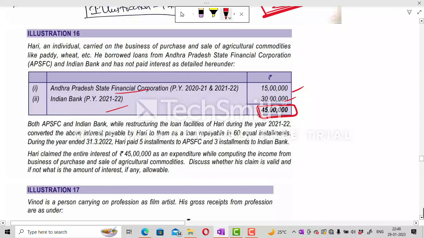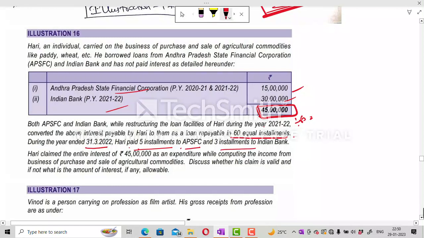Both APSFC and Indian Bank, while restructuring the loan facilities of Hari during the year 21-22, converted the above installments by Hari to them as loan payable in 60 equal installments. So divide by 60. How much they have to pay every year? 75,000. During the year ended 31st March 22, Hari paid 5 installments to APSFC and 3 installments to Indian Bank.